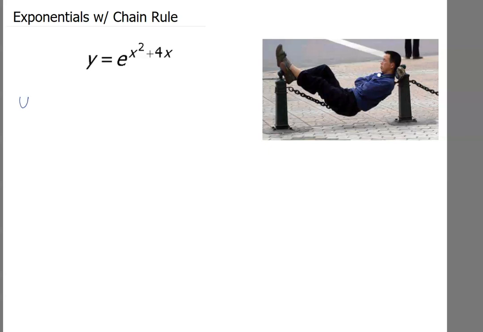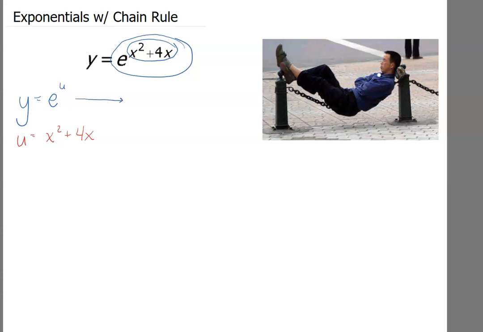So the long way would be to say, okay, this is y equals e to some stuff, right? So donut hole, donut. That stuff is x squared plus 4x.